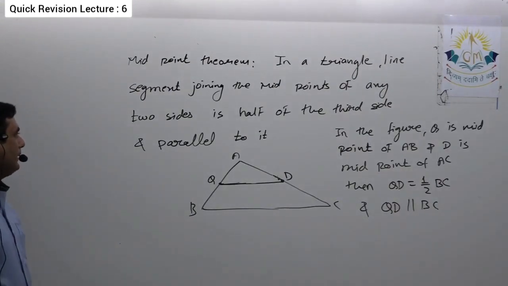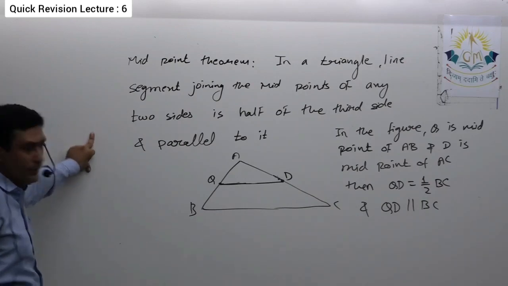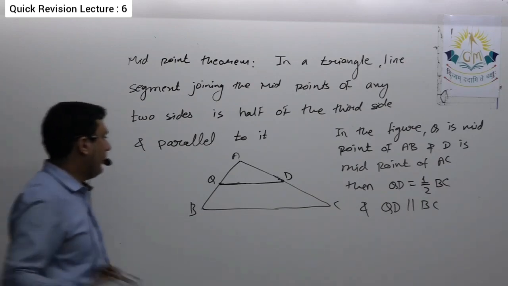So in a triangle, the line segment joining the midpoints of any two sides is half of the third side and parallel to it. That is the midpoint theorem.